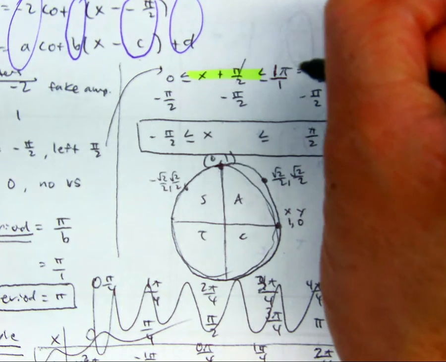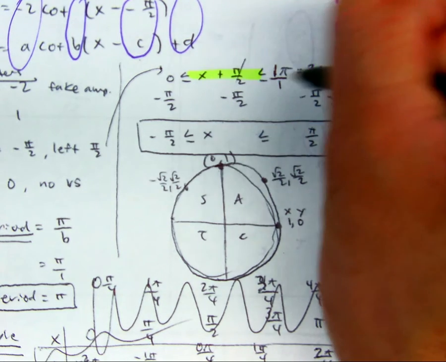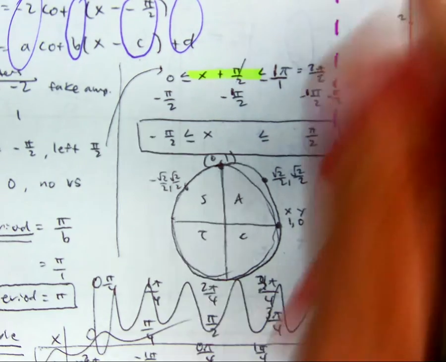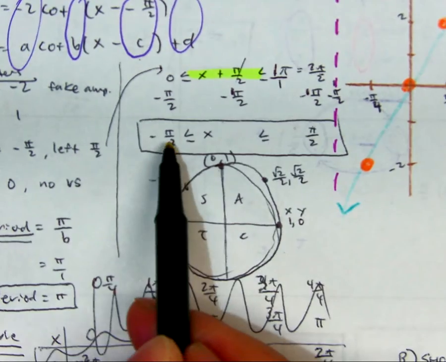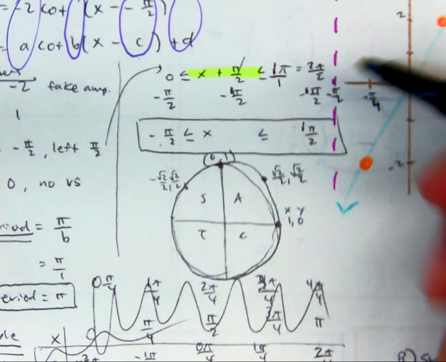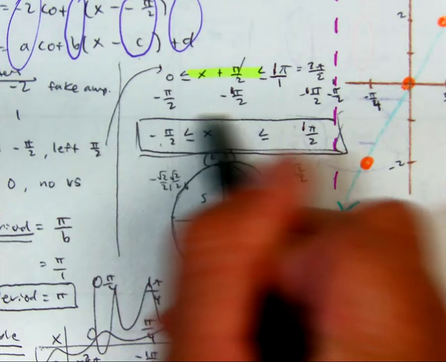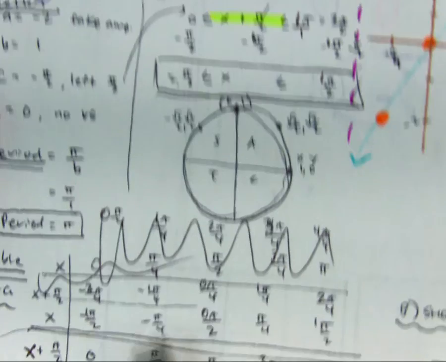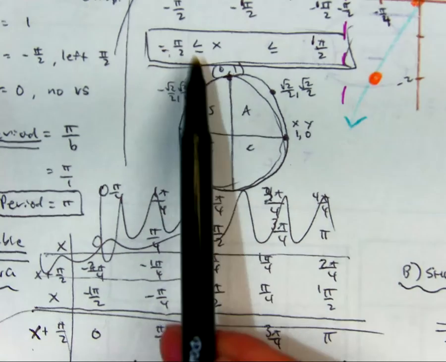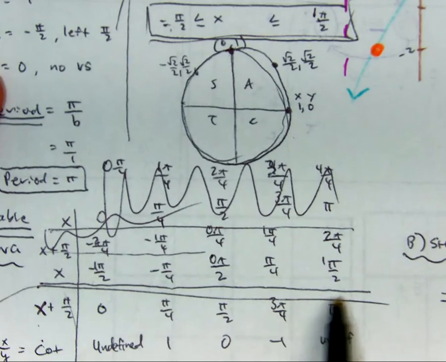You get 2 pi over 2 as an equivalent. And then if you subtract 1 pi over 2, 2 minus 1 gives you 1 pi over 2. So my graph's going to start at negative pi over 2 and end at pi over 2. And this box here tells you your starting point and your end point for your 5 x values. So my 5 x values are going to start at negative pi over 2 and end at 1 pi over 2.